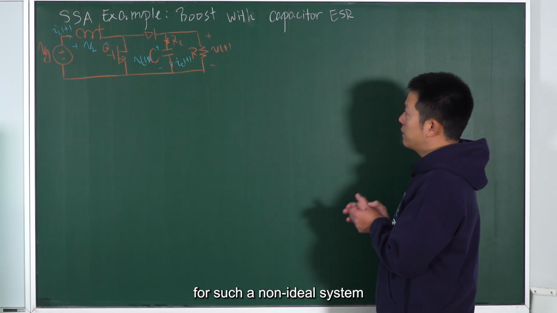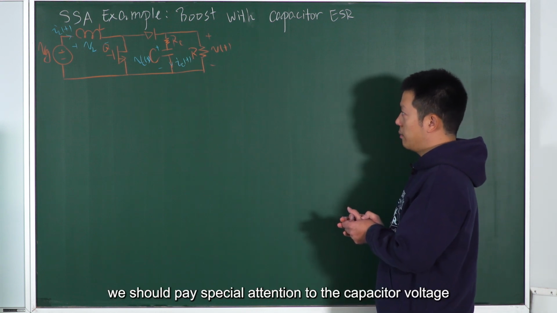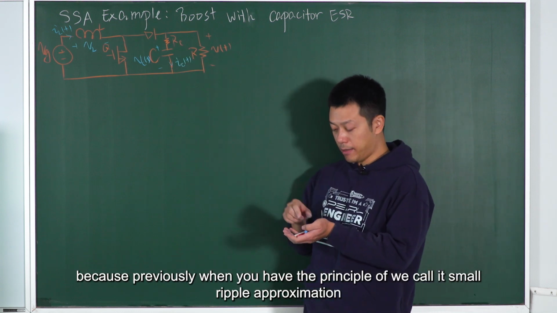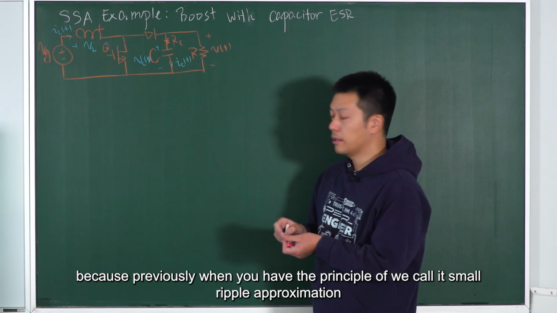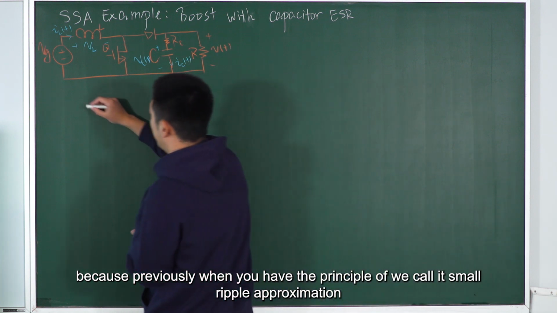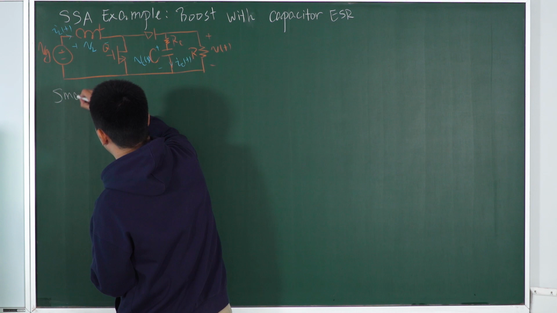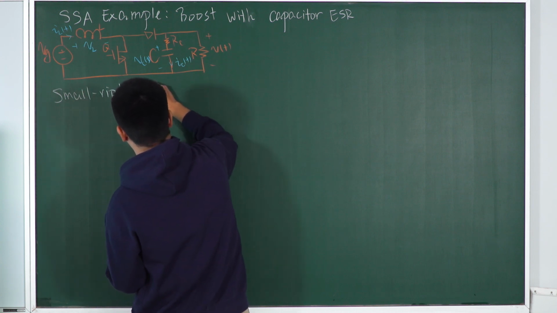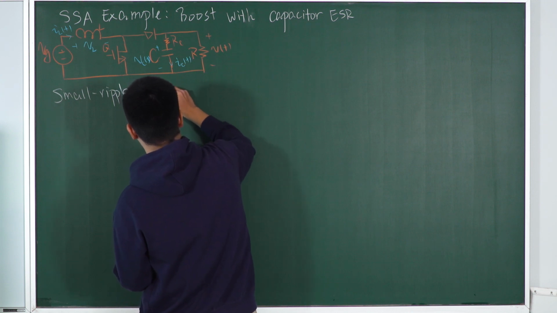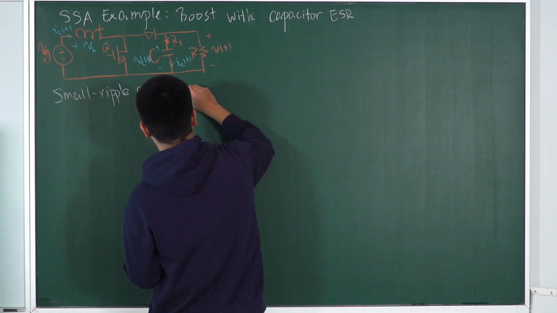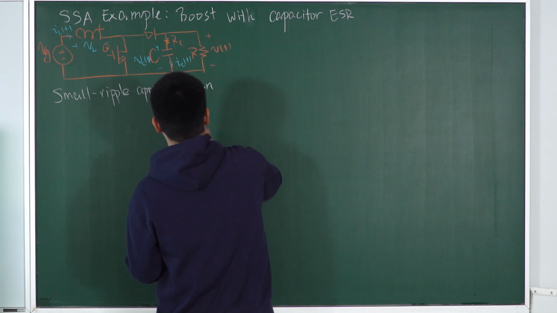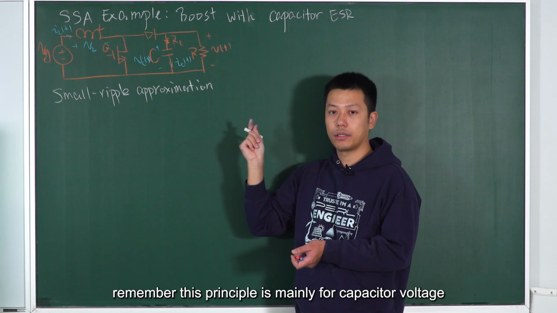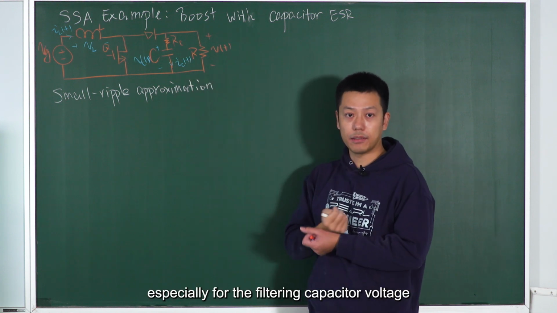For such a non-ideal system, we should pay special attention to the capacitor voltage because previously we have the principle we call the small ripple approximation. Remember, this principle is mainly for capacitor voltage, especially for the filtering capacitor voltage.